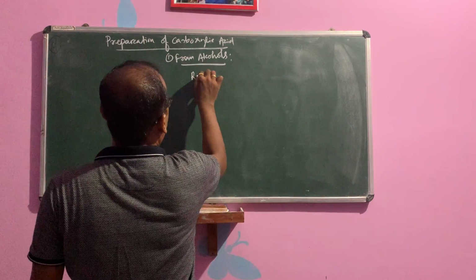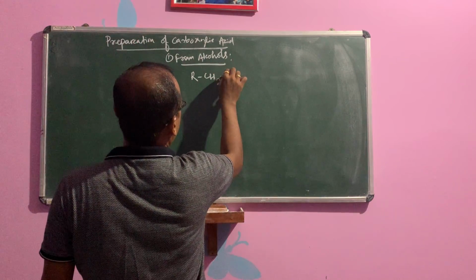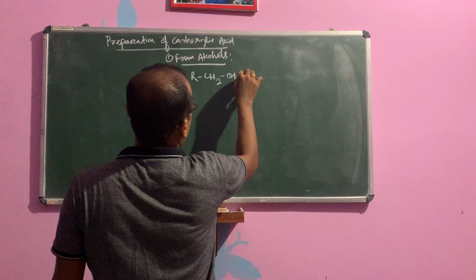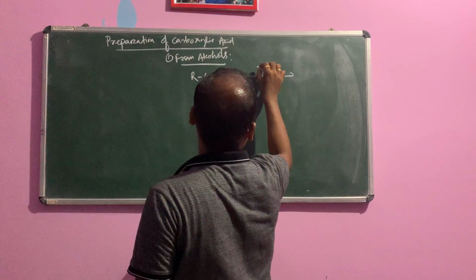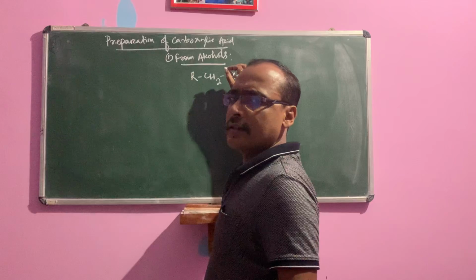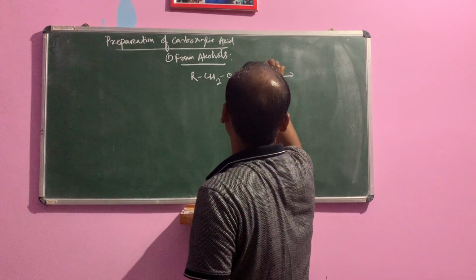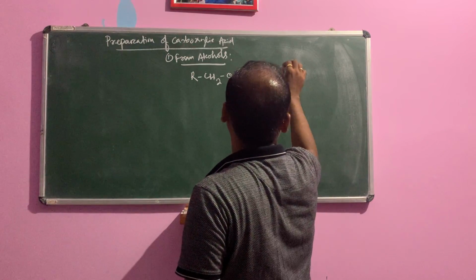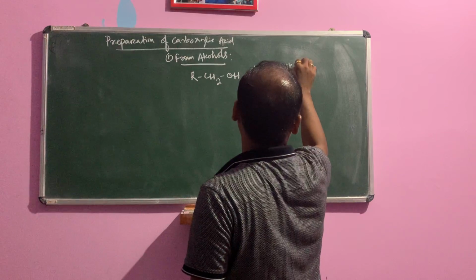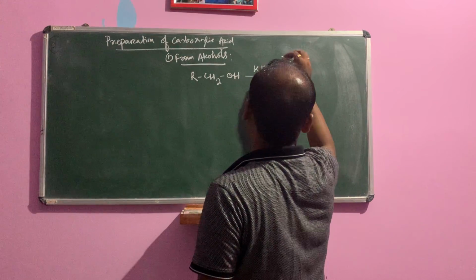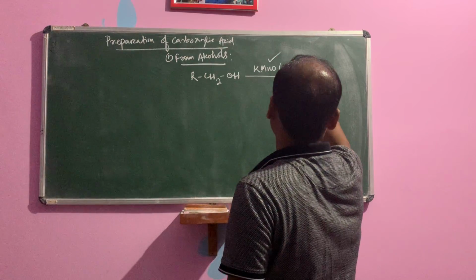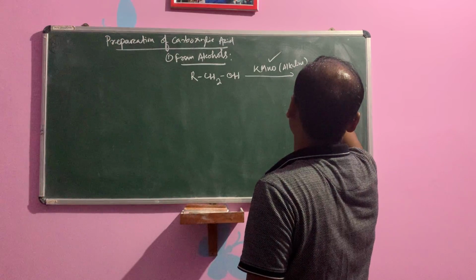Suppose you take RCH2OH. In presence of alkaline KMnO4, or you can take acidified KMnO4, this one is strong, and directly it will give RCOOH.